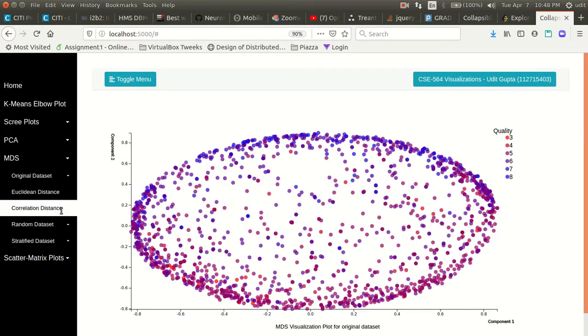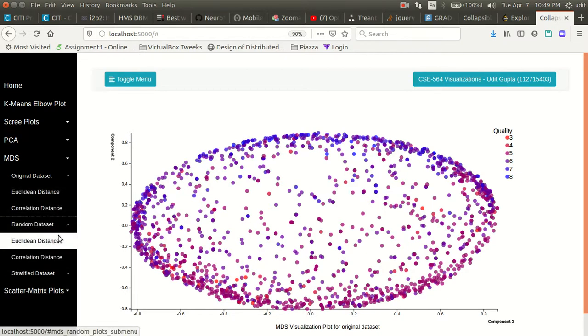Looking at correlation distance, once again you see a cluster of blue points together and red points together. The correlation distance will calculate the correlation values between each point, and Euclidean distance will calculate the Euclidean distance between each point in the data set.